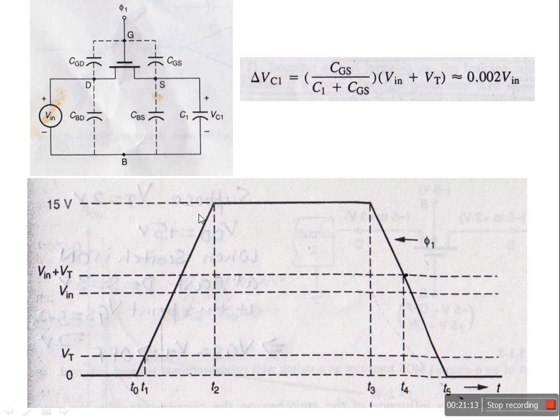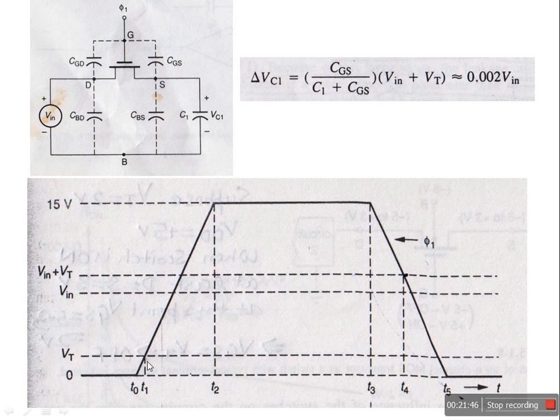this is the waveform of the clock applied to the phi 1. So though there is not much slope, but for our understanding it is shown here. So we will discuss the different levels. This is VT, the threshold voltage level, V in, this voltage level, V in plus VT here, and clock applied is of 15 volt maximum.